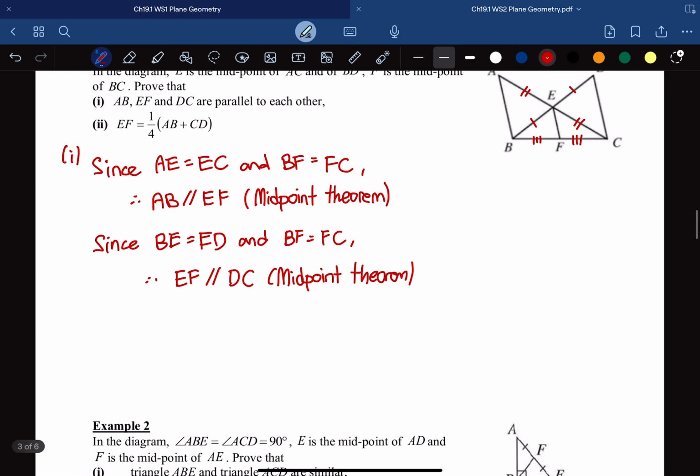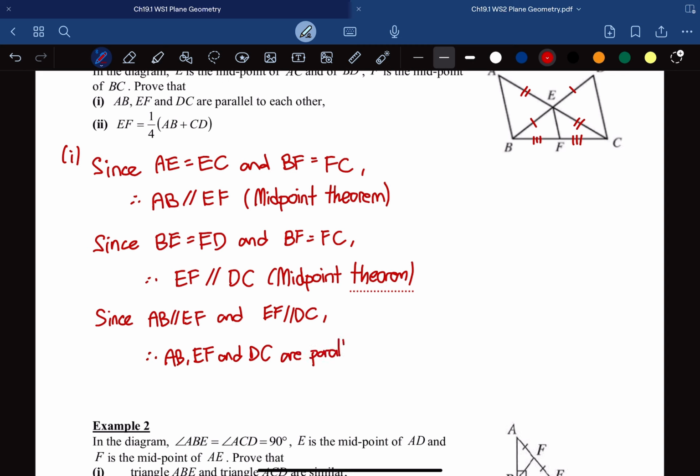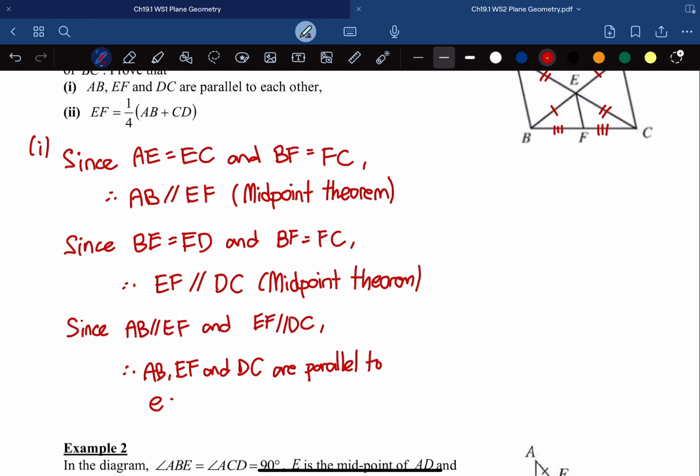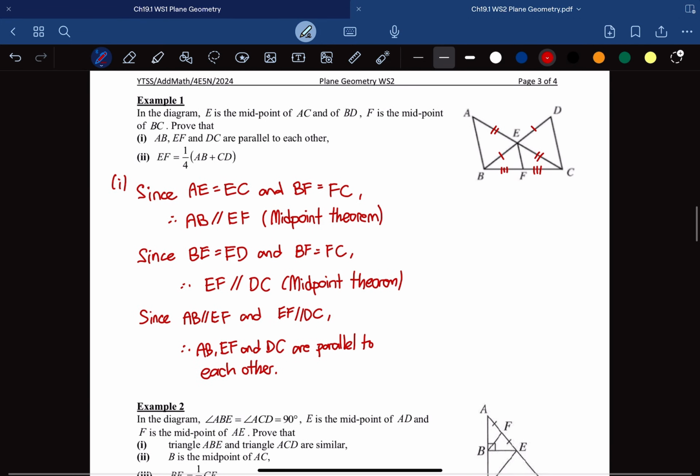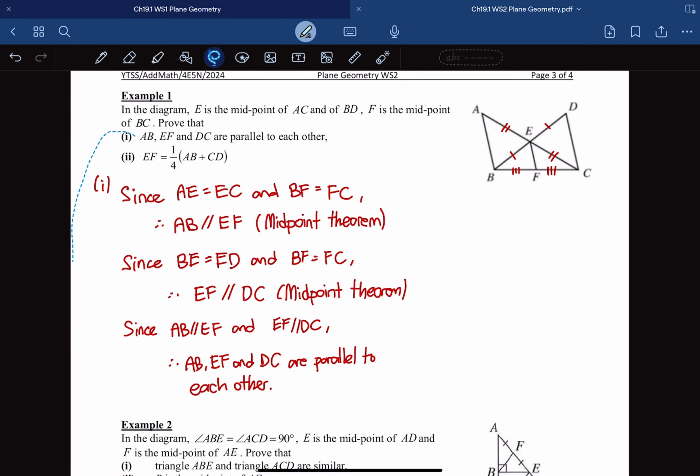Therefore, from here, since I know that AB is parallel to EF and EF is parallel to DC, therefore I can make the conclusion that therefore AB, EF, and DC are parallel to each other. Okay, and this is how we make use of the midpoint theorem to show that the lines are parallel. Okay, this is for part 1.